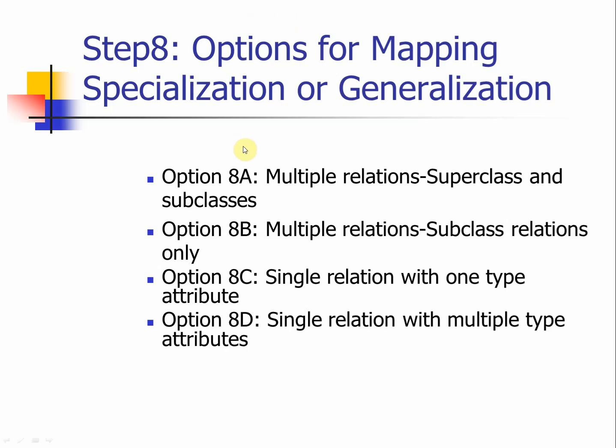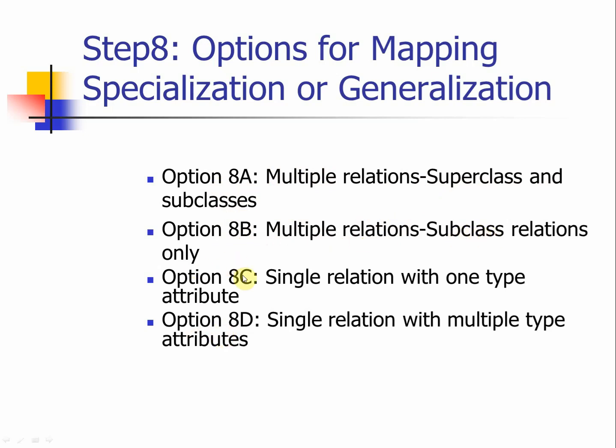There are 4 choices. The first 2 choices have 2 things in common. It's about multiple relations, and they will create the superclass and subclasses to form multiple relations. Choice B still has multiple relations, but you will have subclasses only.